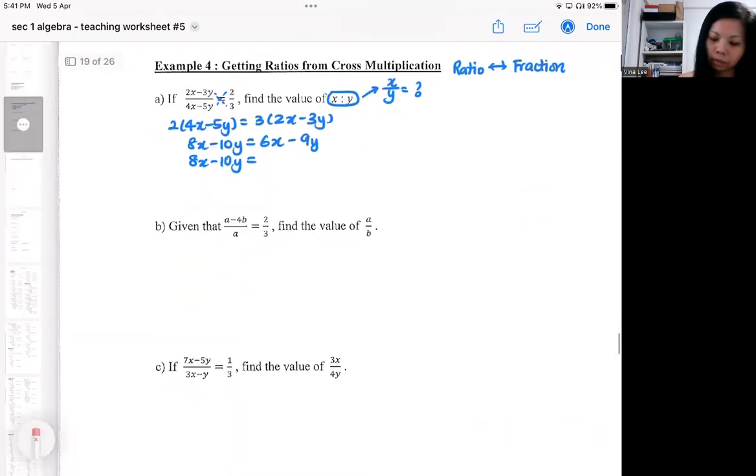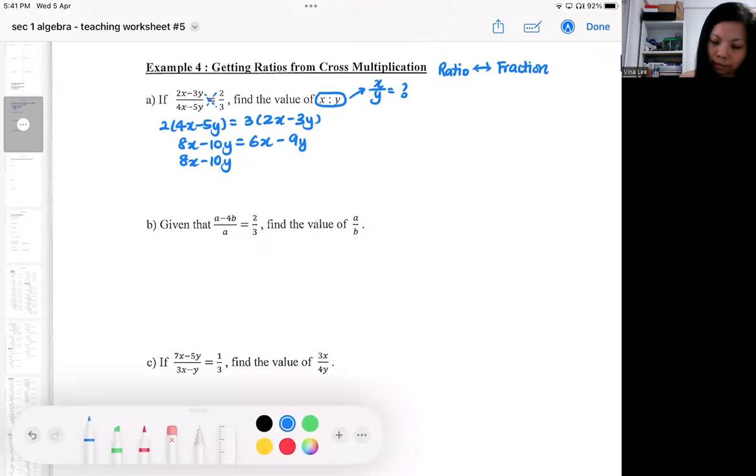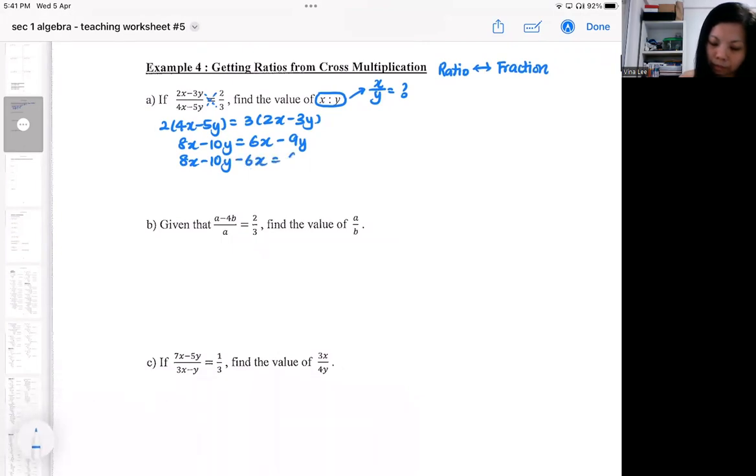Then actually all my x is on one side already. Then I'm going to do a plus 10x on both sides.